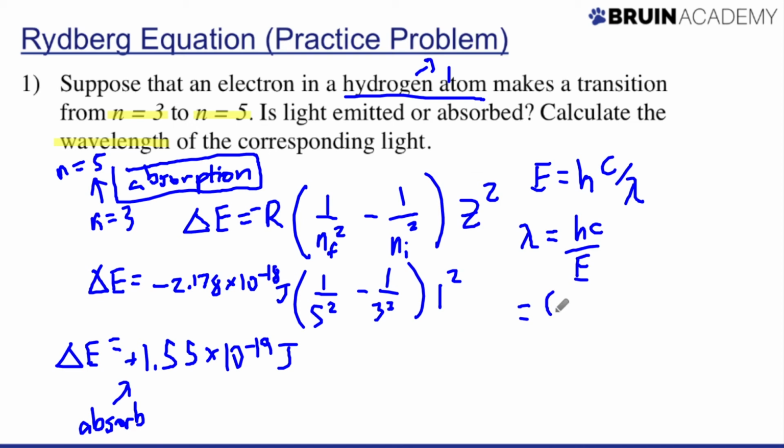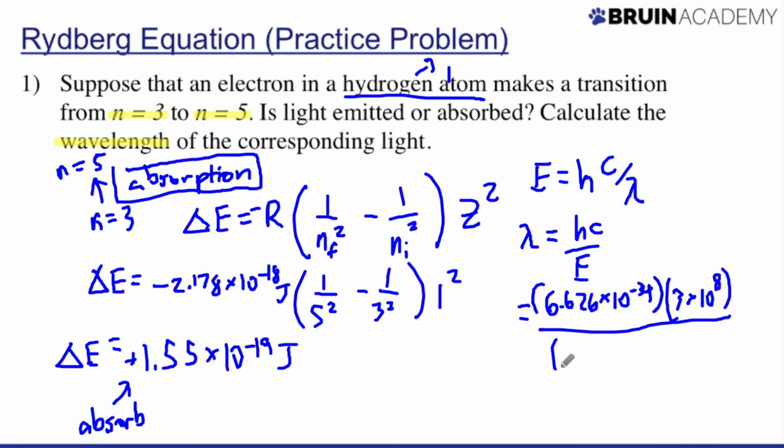So that's equal to 6.626 times 10 to the negative 34 multiplied by the speed of light, which is 3 times 10 to the 8th, divided by E, which I just calculated as 1.55 times 10 to the negative 19 joules.